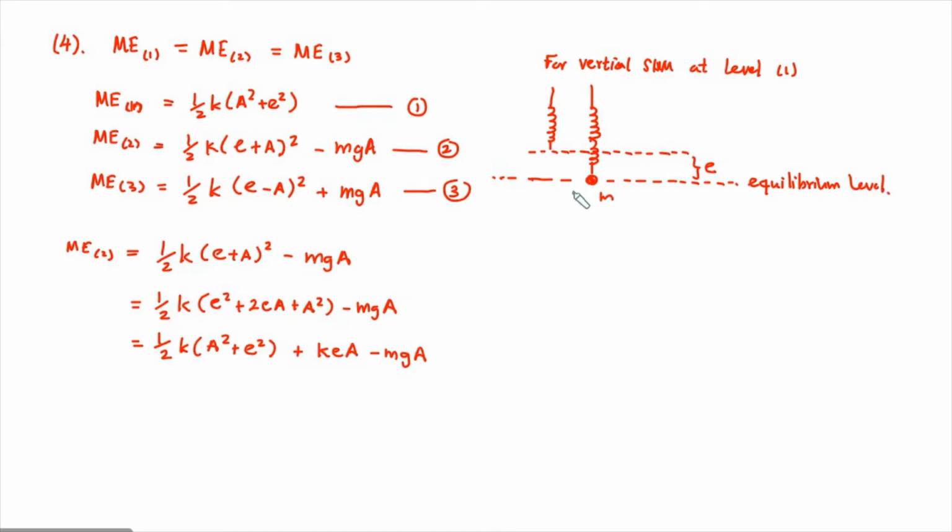We should get from Newton's second law, net force on mass m should be 0, which means F net is equal to 0, and that implies KE minus mg is equal to 0. So KE is the force that is acting upward on the mass, that is due to Hooke's law.